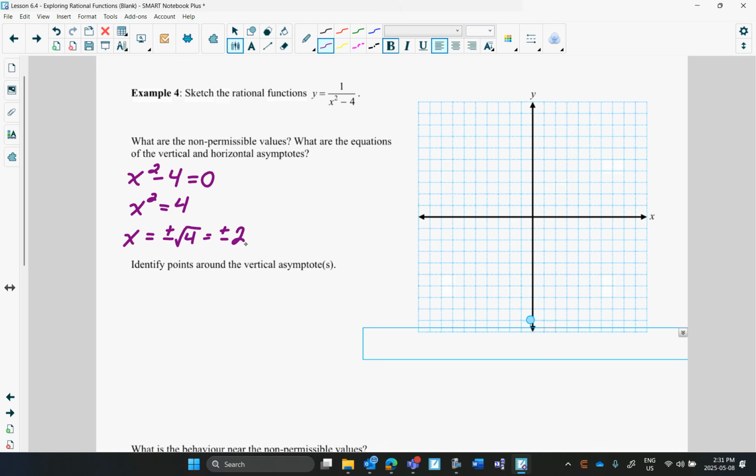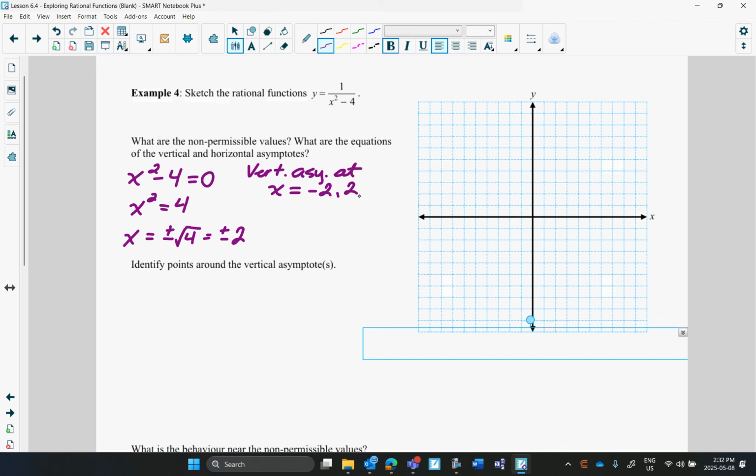So that means we have 2 vertical asymptotes. There's 2 places where x is not defined. Okay? So vertical asymptotes at x equals -2 and +2.